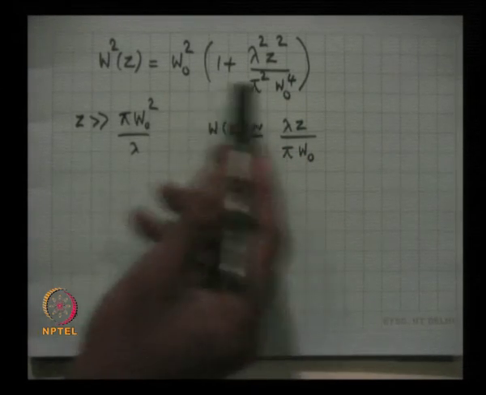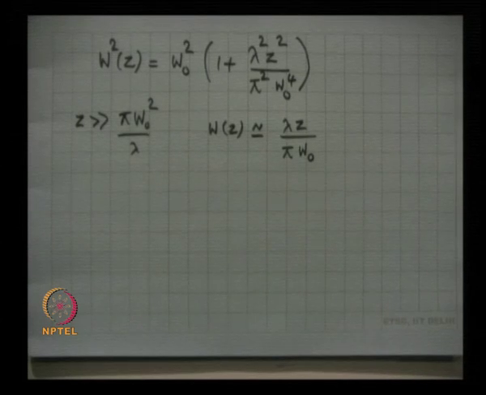I can neglect 1 in comparison to lambda square z square by pi square w0 to the power 4, and w of z becomes lambda z by pi w0. So, the spot size increases linearly with z for large distances.